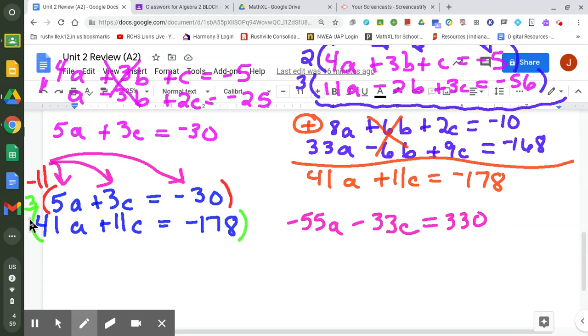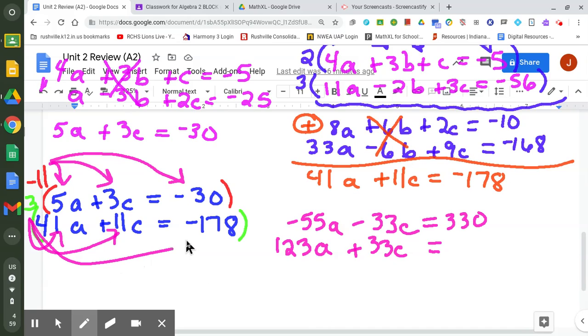And then we have the positive 3 times 41. And that gives you 123a. Positive 3 times positive 11 is plus 33c. Positive 3 times negative 178 gives us negative 534.